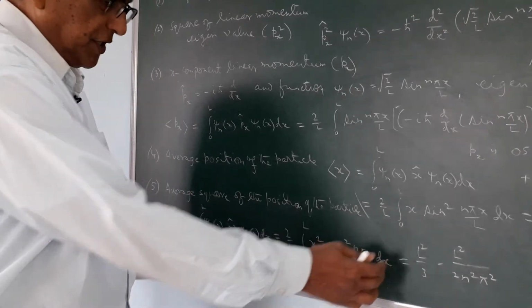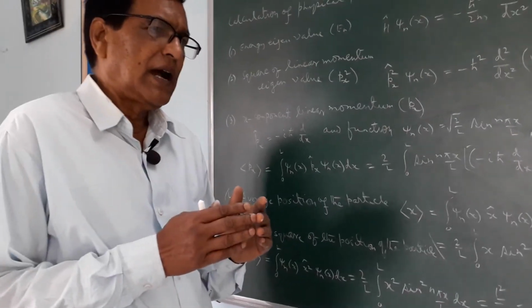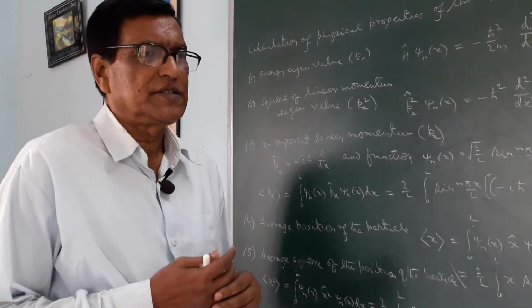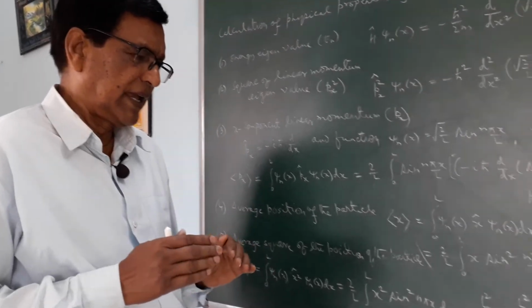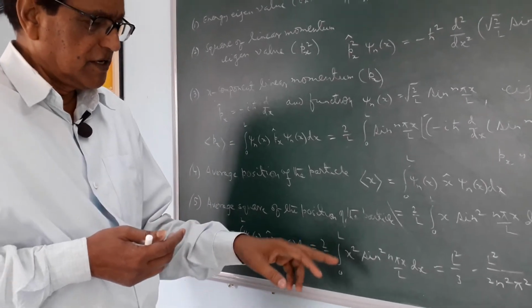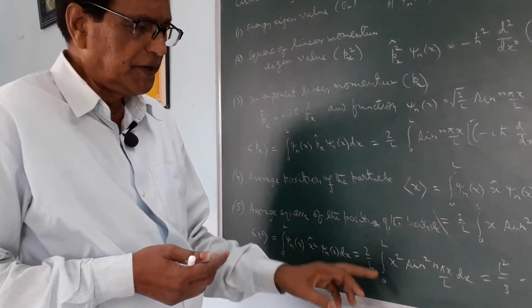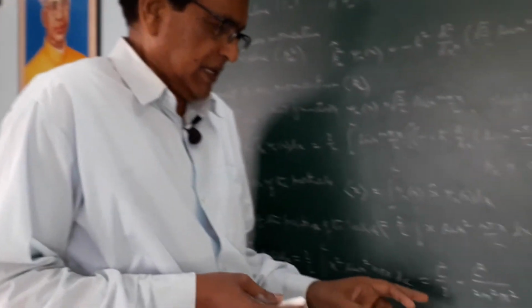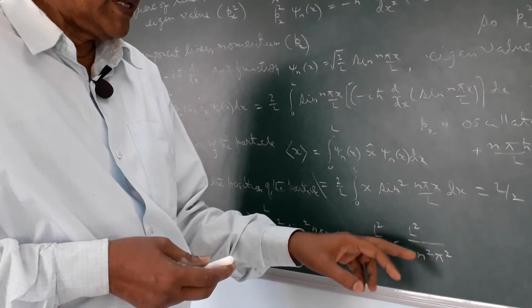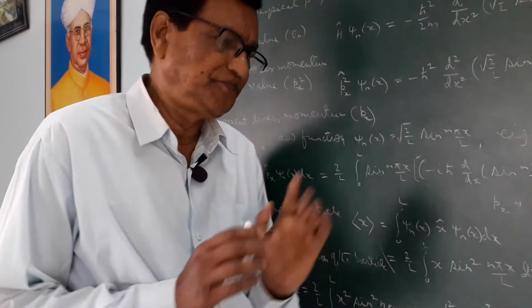This integration is rather tough, and I ask the students or learners to exercise their mathematical practice to solve this integration, and then put in the limit, and it will be L square by 3 minus L square by 2 n square pi square.